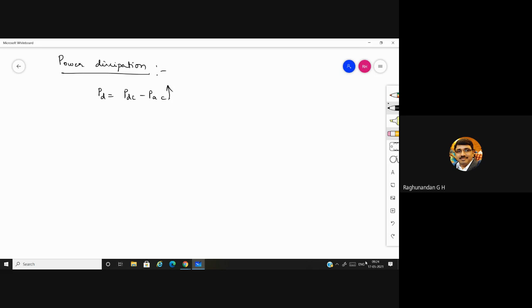Suppose you don't have any input signal, then PAC becomes equal to 0 and PD will be equal to PDC. So whenever no input signal is given, the entire DC power will be dissipated in the form of heat. This is the power dissipation.